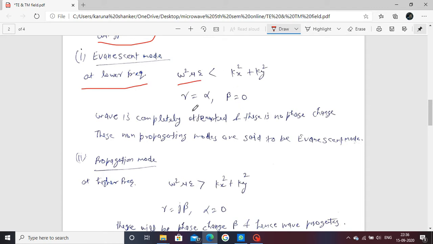By this relation gamma is equal to alpha and beta is equal to 0. When the propagation constant equals the attenuation constant alpha, the wave is totally attenuated. This is the evanescent mode. There is no phase change, since beta is 0, so the wave is not propagated at lower frequency.